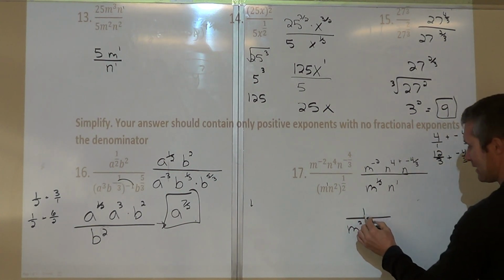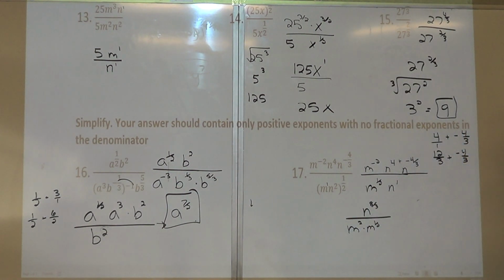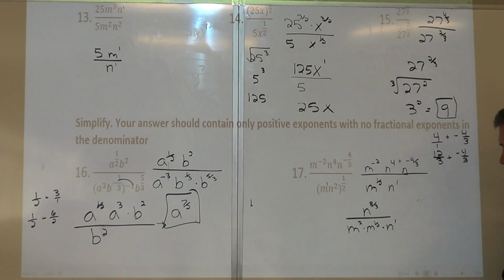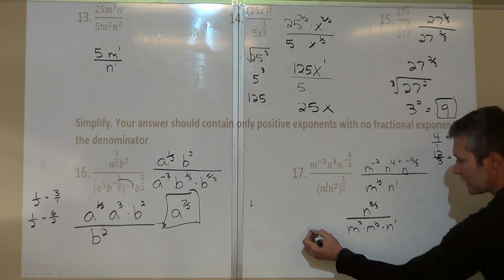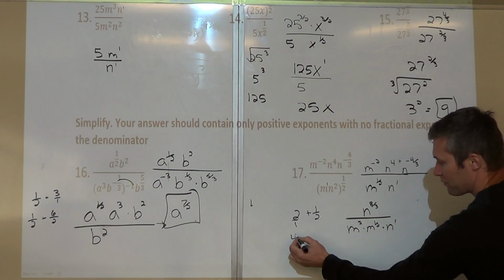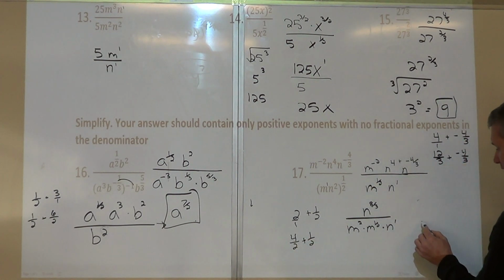So that's n to the 8/3 now. Okay, I still have this n to the 1st power down here. So now I add these two together. So 2 plus 1/2. So that would be 4/2 plus 1/2. So 4 plus 1 is 5/2. So that's m to the 5/2.